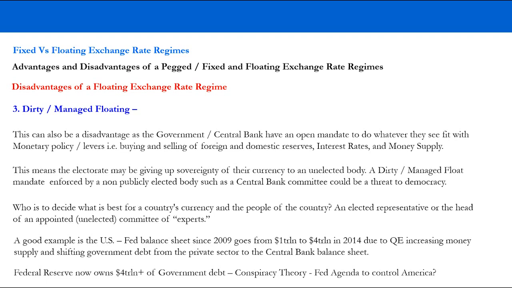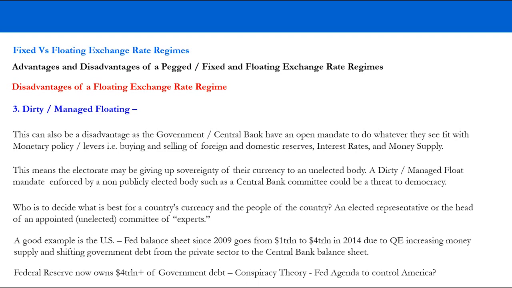And a good example of this could be in the United States right now. So the Fed balance sheet has grown since 2009 from $1 trillion to $4 trillion in 2014. Now we're going to look at the details of this much later on in the video series, so don't worry too much about the knowledge and understanding of exactly what's going on here as yet. It will all be explained later.